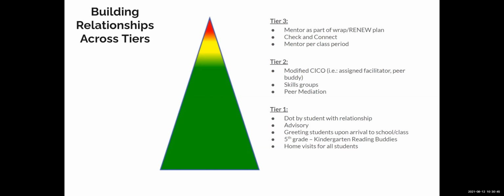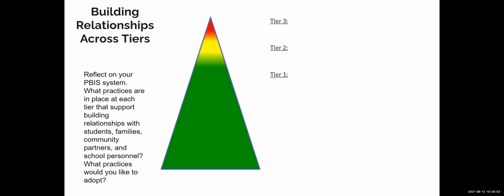So I want to be cognizant of our time. I'm not sure if we're going to have time to do this, but this was something we can do pretty quickly and utilize the chat. So we did give you this in the Padlet as a blank tool that you could utilize back at your buildings to do an audit to see what we are doing at tiers 1, 2, and 3 in order to establish and maintain relationships across the tiers.